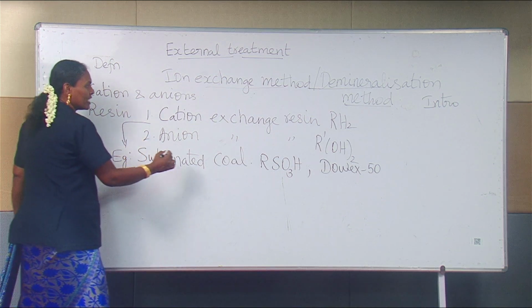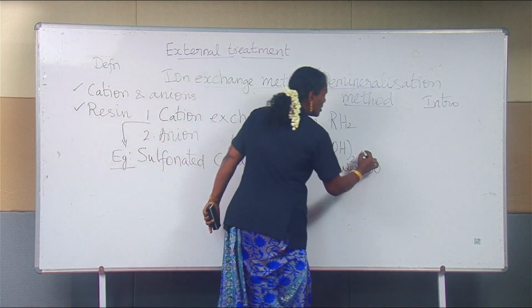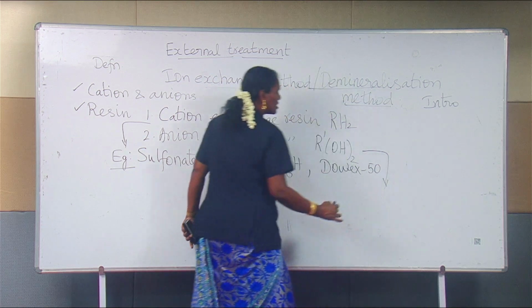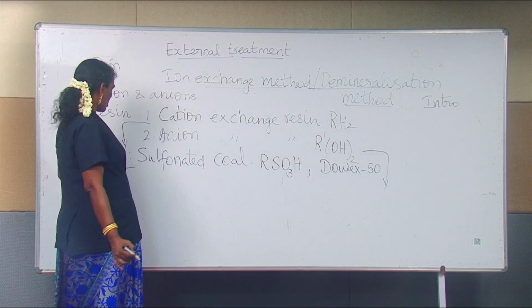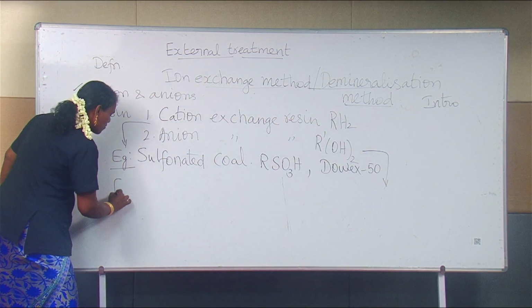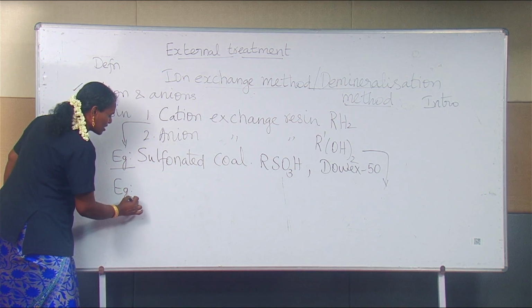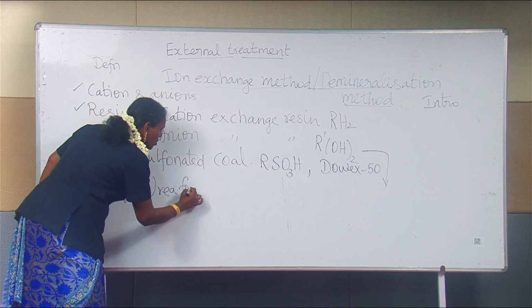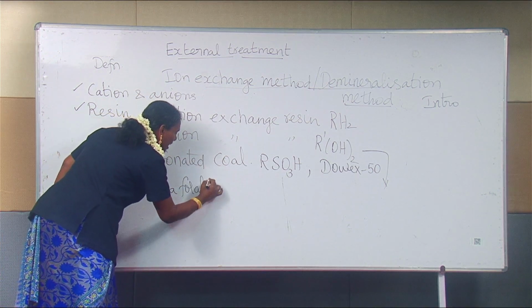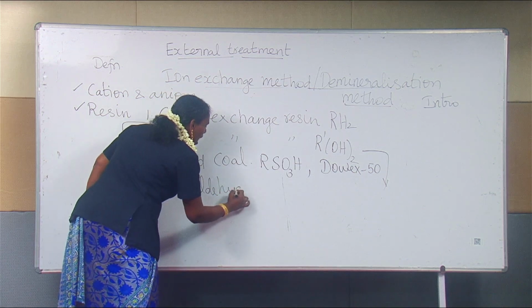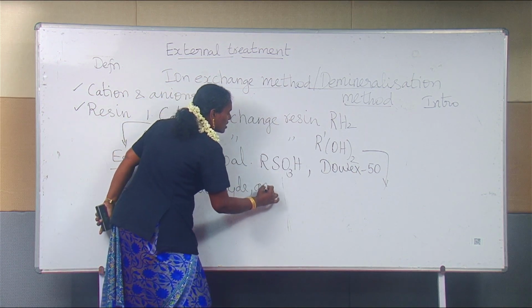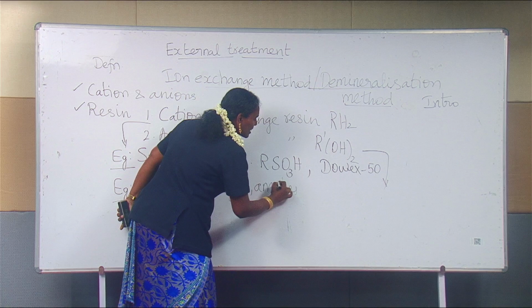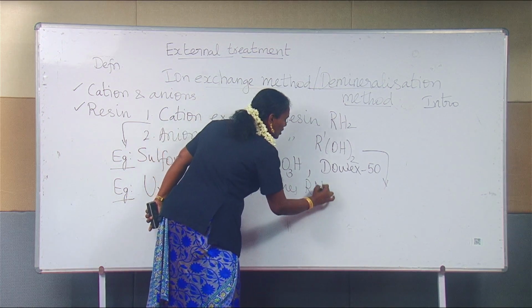For anion exchange resin, how is it represented? R dash OH twice. The examples for this anion exchange resin are urea formaldehyde and amines, and in general you can write it as RNH2.